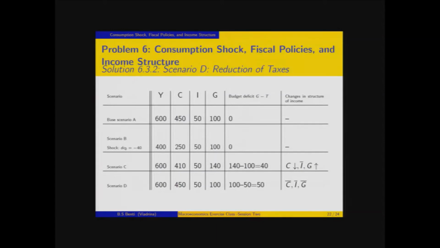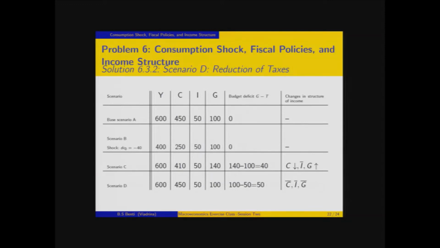So, as you can see from scenario C and D, we can actually make a comparison in the income structure, which is represented by the last column in our table. In scenario C, where we had the government expenditure increase, our consumption decreased from the basic scenario, our investment remained constant and our government expenditure increased.